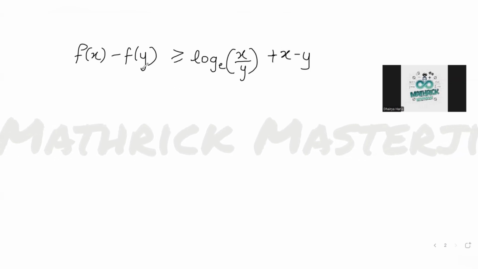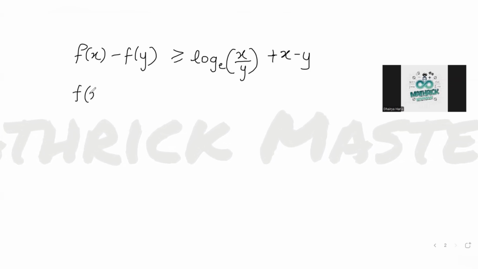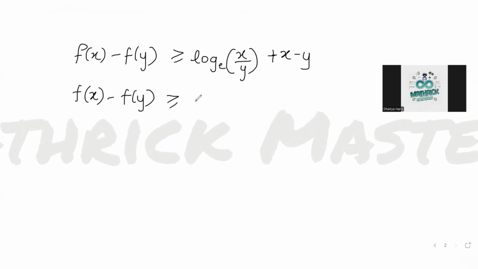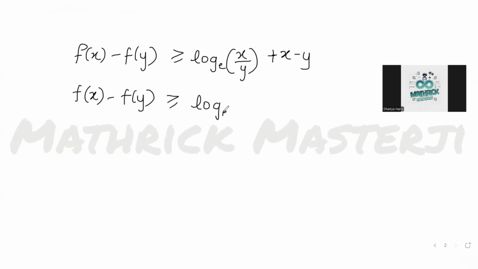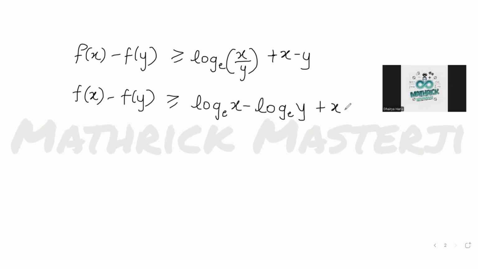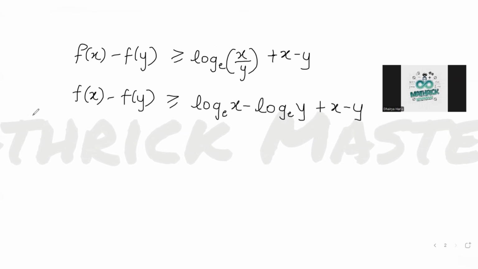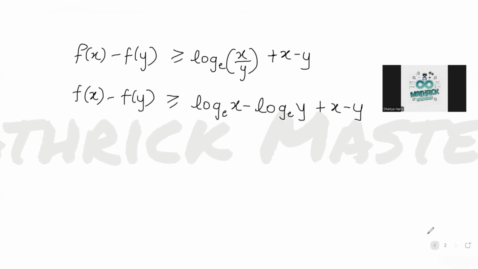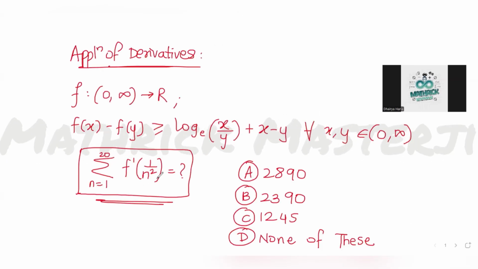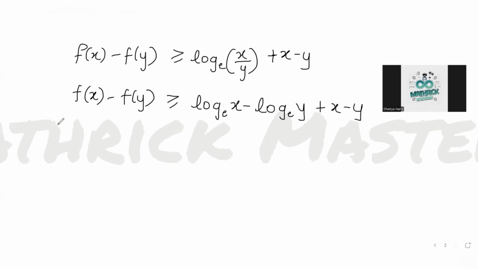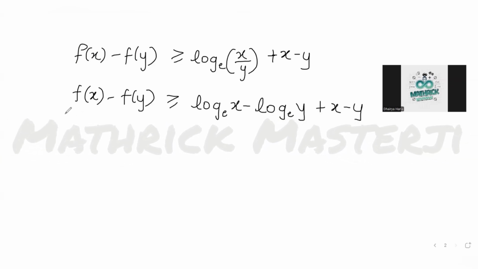So this natural log of x over y, I can just write as natural log of x minus natural log of y plus x minus y. Now, once I have this, we'll do certain manipulations because we want to find the derivative of this function, f dash. Then we'll put whatever we get as 1 over n squared. So I'll do a certain manipulation.